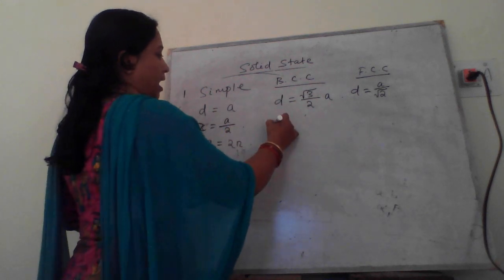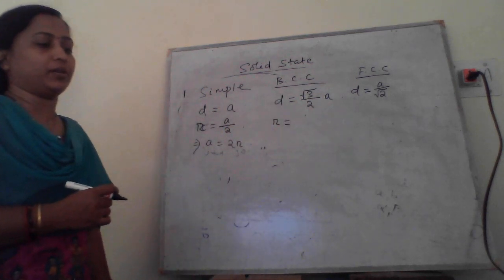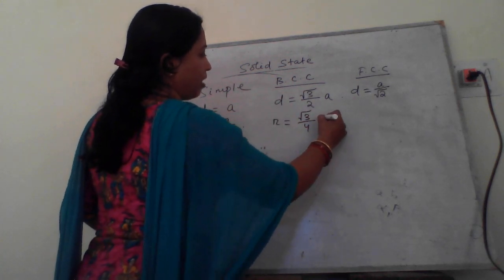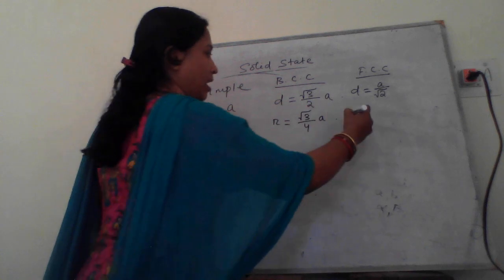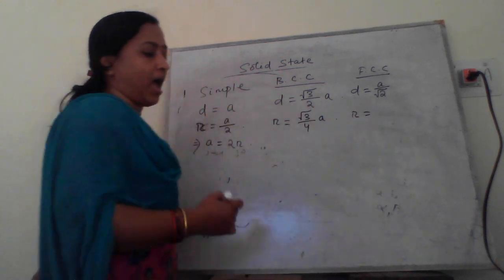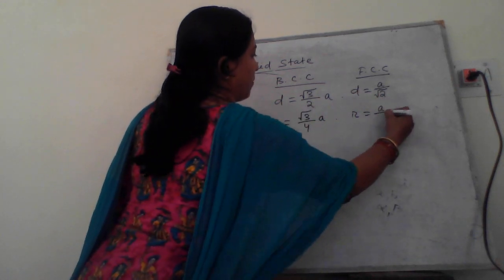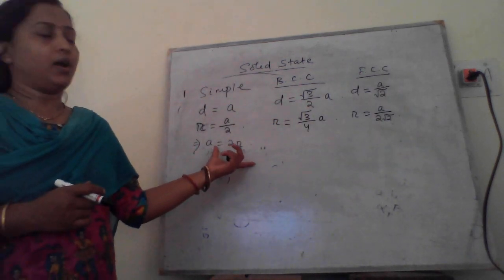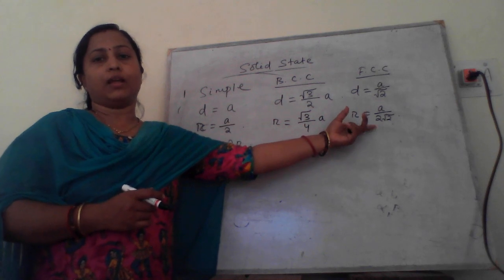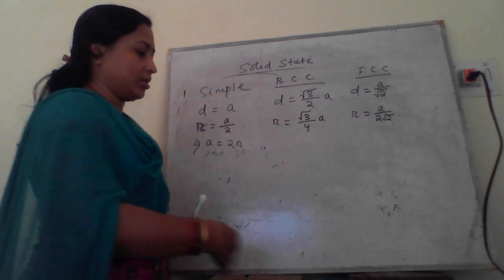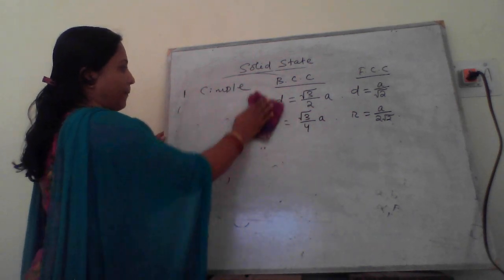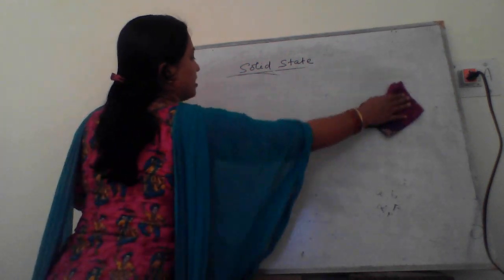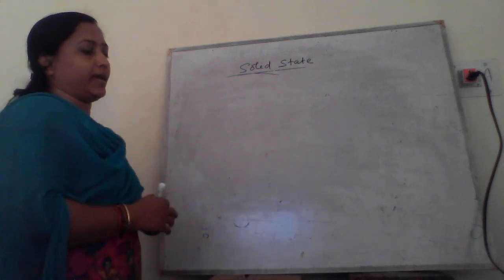And here r is equal to, in body centered, root 3 by 4 times a, and in face centered, r is equal to a by 2 root 2. So we have to remember all these formulas and do the numericals depending upon this nearest neighbor distance, radius and edge length.